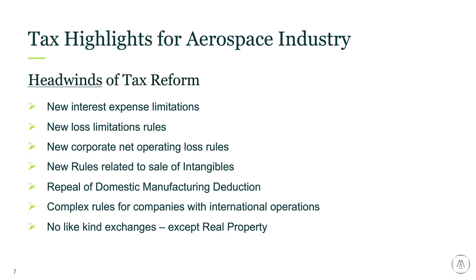So a lot of aerospace companies would exchange their machinery out, and any gain on the exchange of the machinery for a new one would be deferred. That gain now will have to be recognized going forward under new law. Some of the offset of that, though, will be that you can expense 100% of that new piece of equipment under the new bonus rules that we'll talk about later.